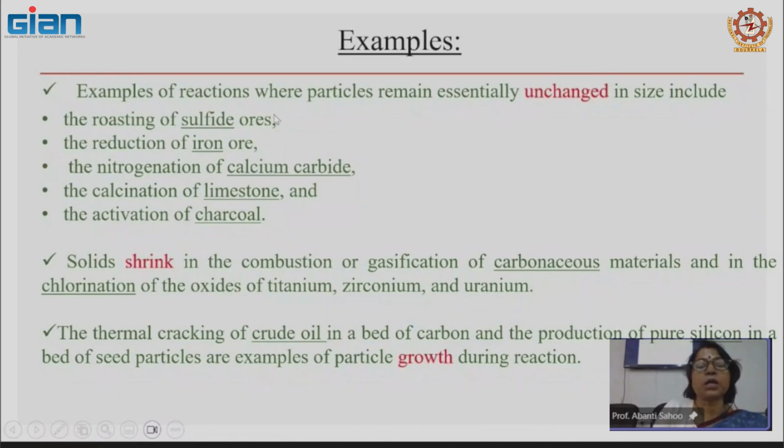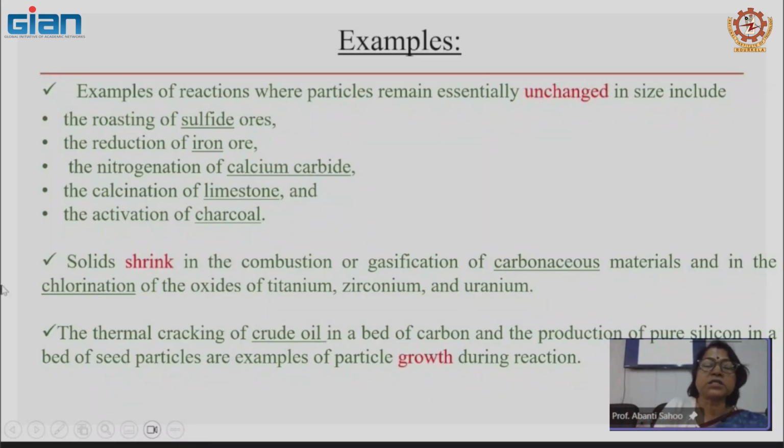Here the particle size remains unchanged, and solids shrink in the combustion or gasification of carbonaceous material. Combustion means burning, so the particle size gradually decreases. Those are the examples of combustion and gasification of carbonaceous materials where carbon bonds combust.